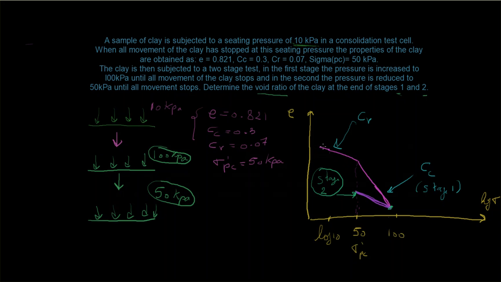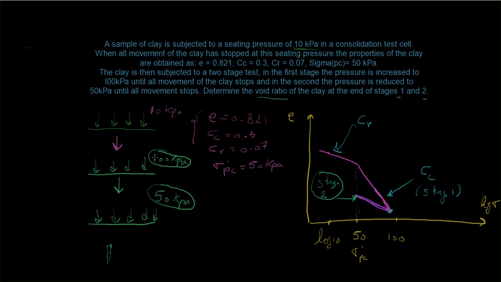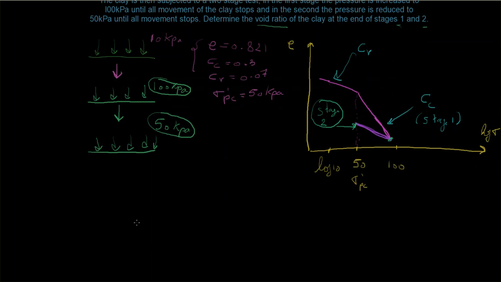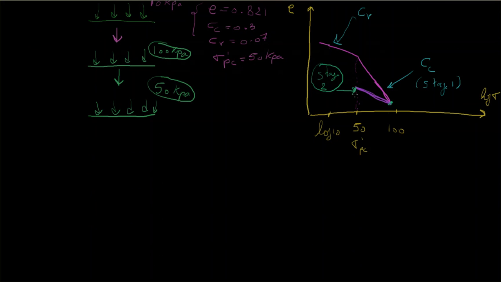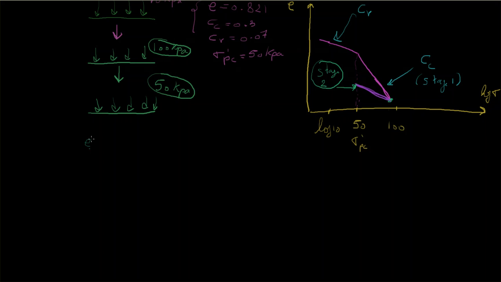So to find this void ratio, let's call it E1, we could find delta E stage 1, which is E naught minus E1. E naught is given to us as 0.821, so if I find delta E, I can find E1.